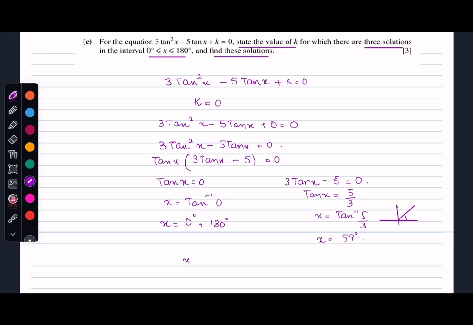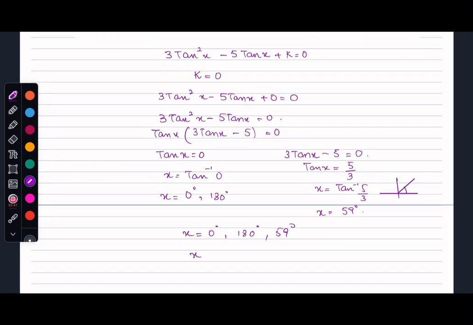So the three values are 0 degrees, 180 degrees, and 59 degrees. Rearranging them, x equals 0, 59 degrees, and 180 degrees, where our k was equal to 0. This is then the solution to this question.